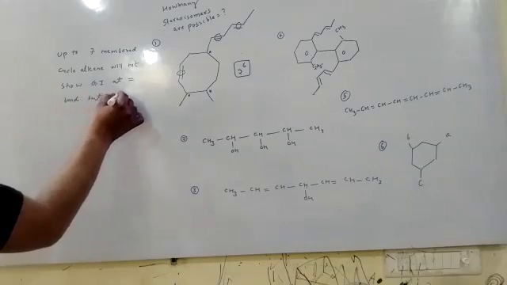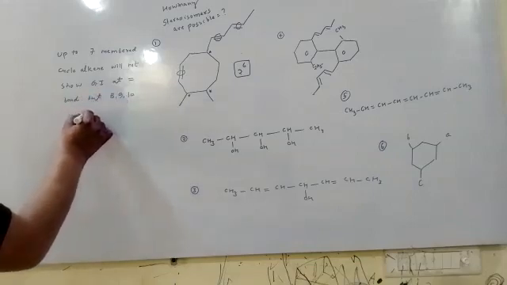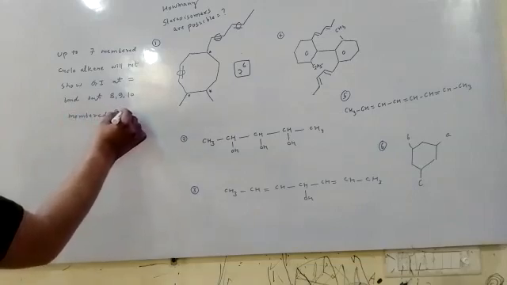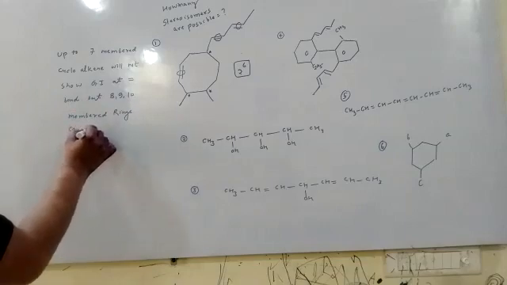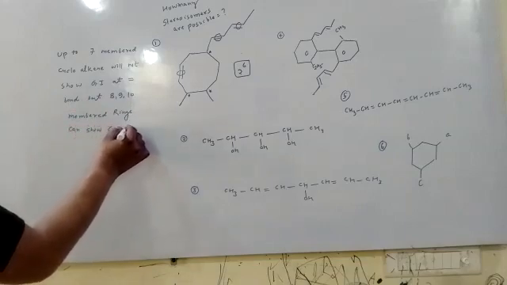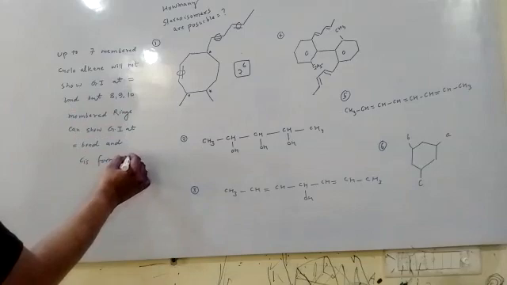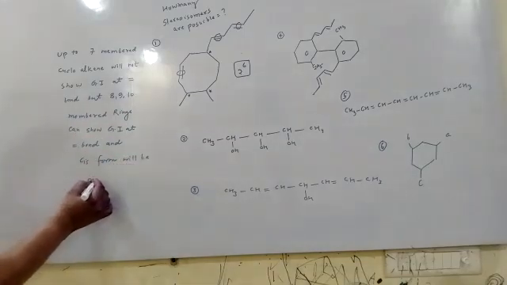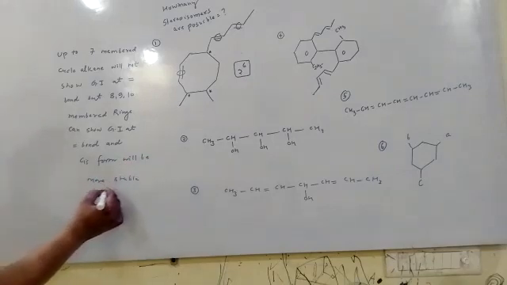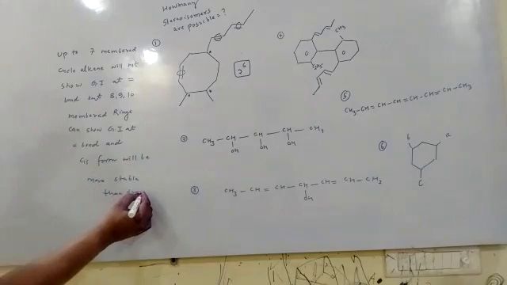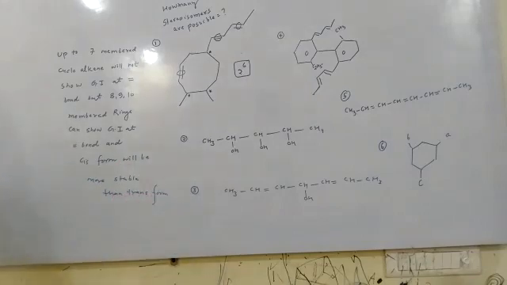But 8, 9, 10 membered rings can show GI at the double bond, and the cis form will be more stable than the trans form. Okay. Is this clear to everyone? Yes.